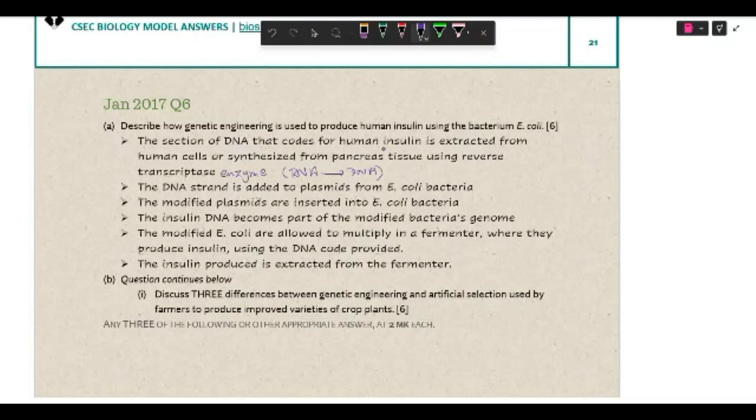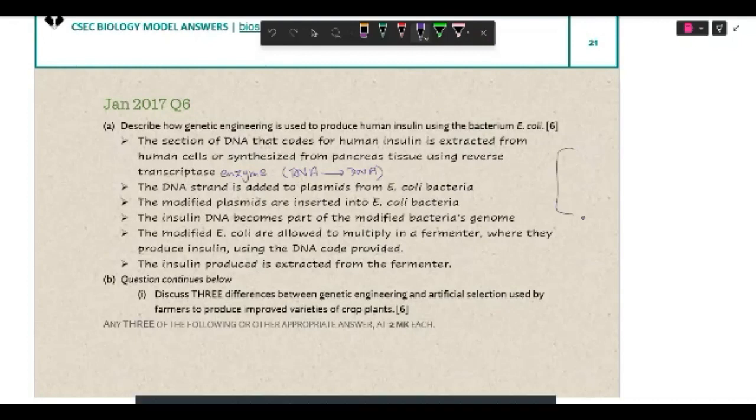So that's why you can take pancreas tissue, pancreas cells, use reverse transcriptase and produce the DNA that you want. And this DNA strand is going to be added to plasmids from E. coli bacteria. If you remember plasmids, if this is the bacteria, you have your nucleoid, right? Your large loop of DNA, and then you find these tiny loops of DNA floating around the bacteria. These are your plasmids.